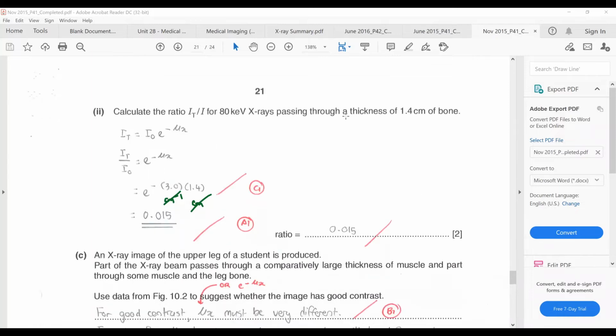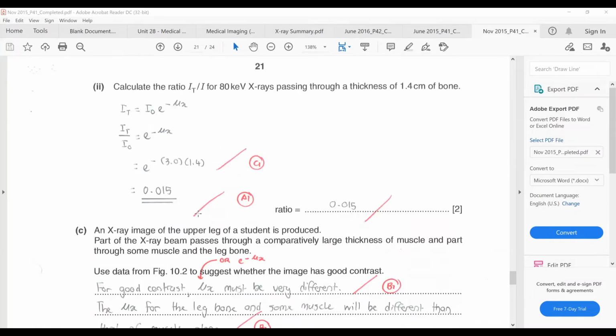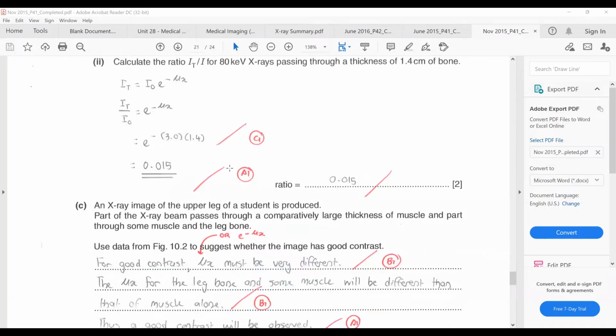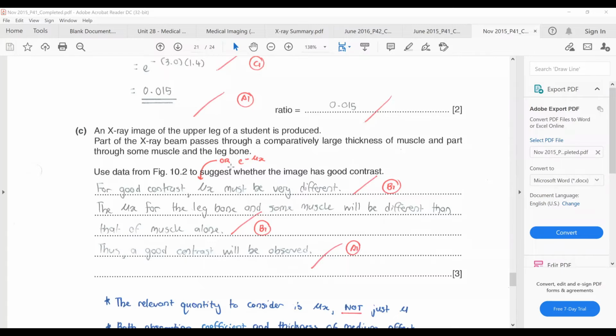Then after that, if you look at part C, they tell you an X-ray image of the upper leg of a student is produced. Part of the X-ray beam passes through a comparatively large thickness of muscle, and then part of it passes through some muscle and leg bone. Suggest whether the image would have good contrast.